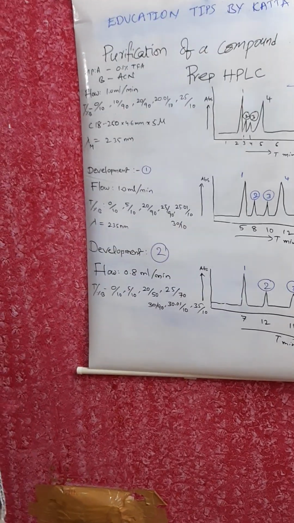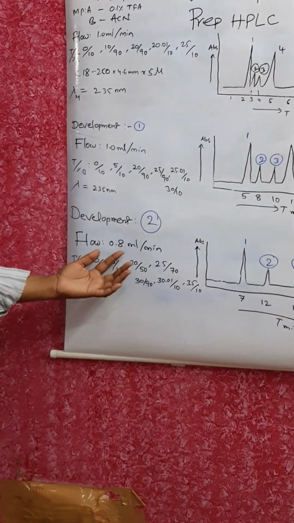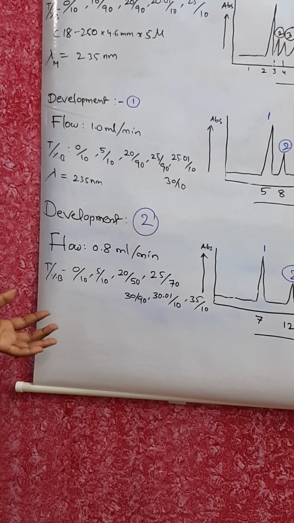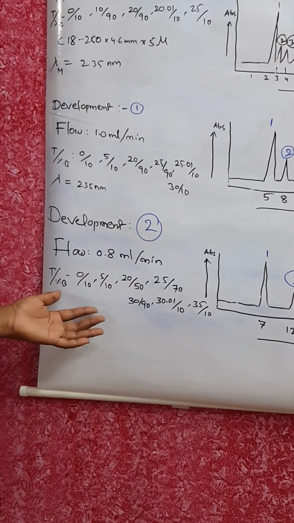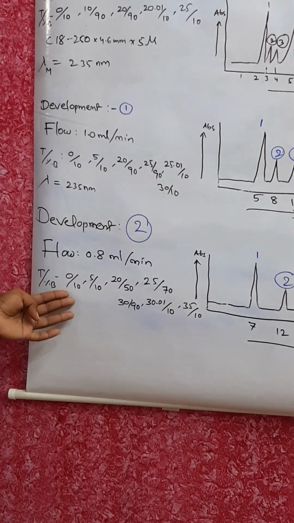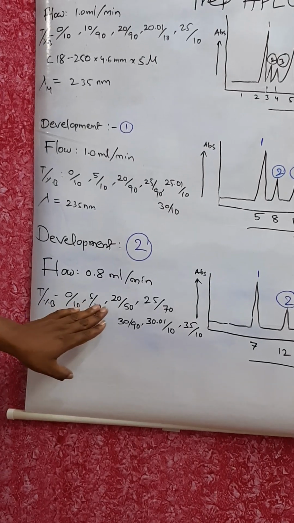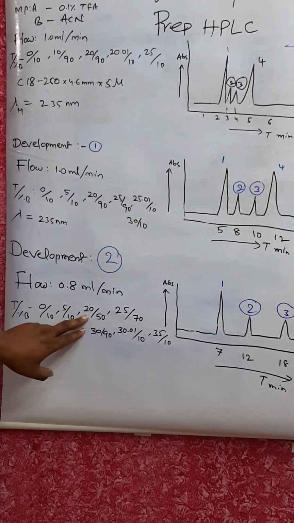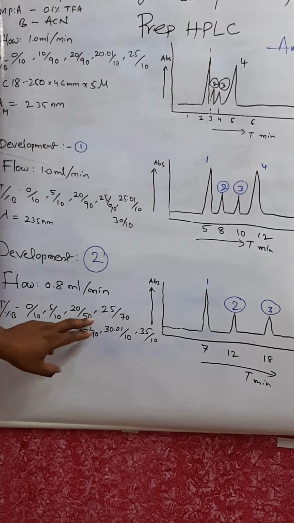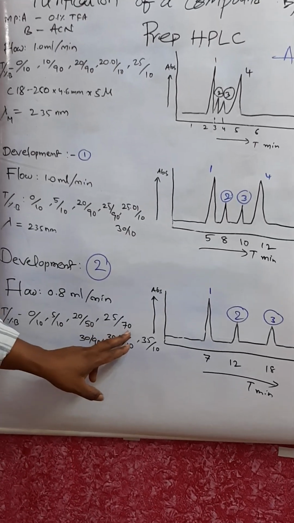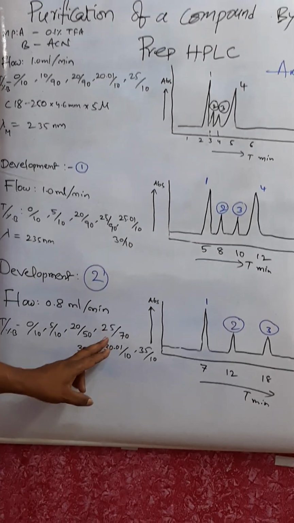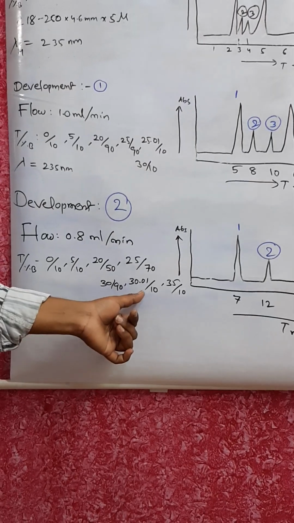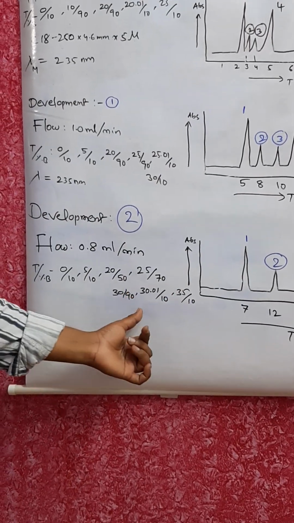In the second development, I decreased the flow rate to 0.8 ml instead of 1 ml, and the gradient also changed: 0 by 10 and 5 by 10 are common, then 20 by 50% acetonitrile, 25 by 70% acetonitrile, 30 minutes 90% acetonitrile, and 30 to 35 reverse monitoring I kept.